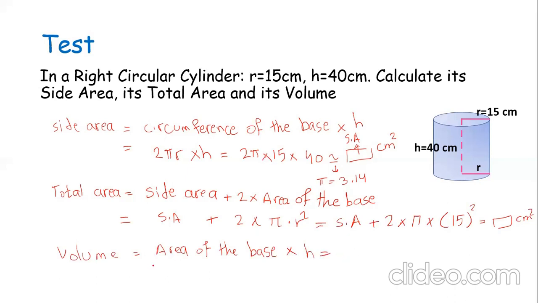So the area of the base is πr squared, and this has to be multiplied by h. So it is π multiplied by 15 squared multiplied by h, which is 40. And this gives us something in cubic centimeters.